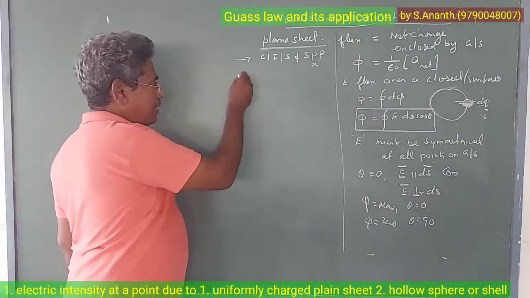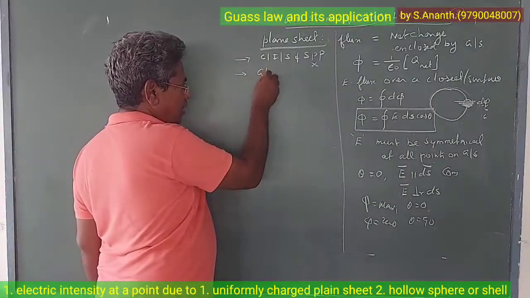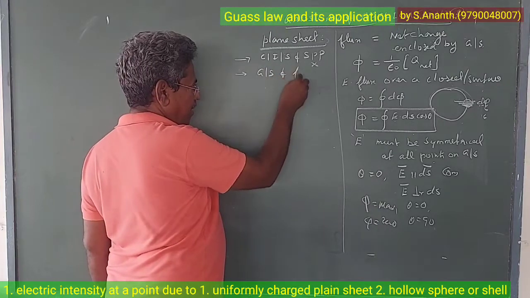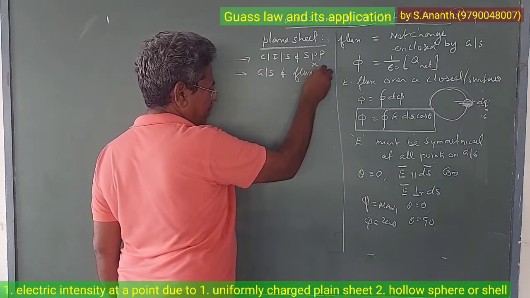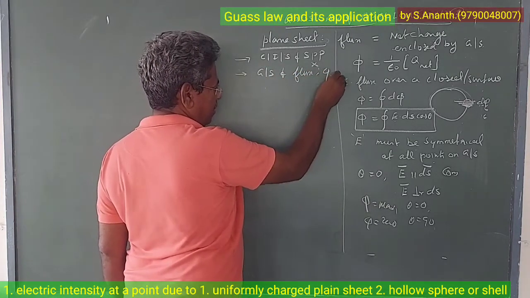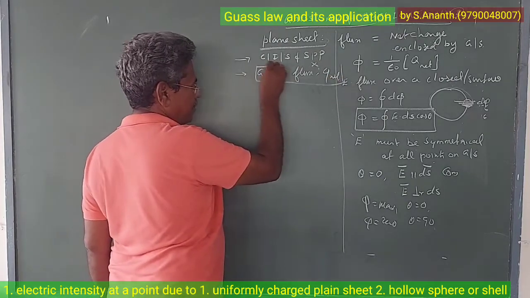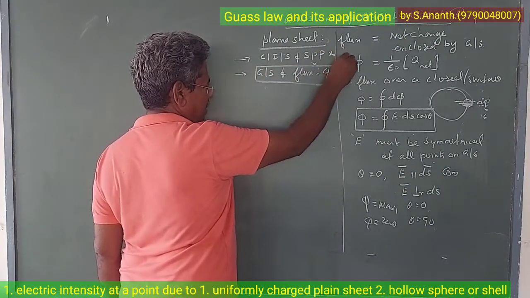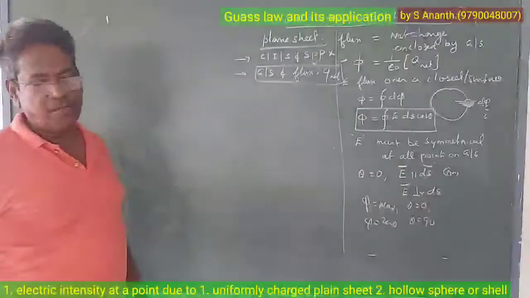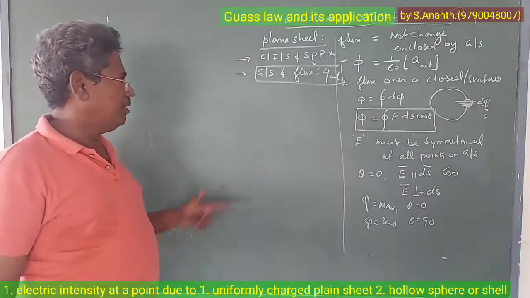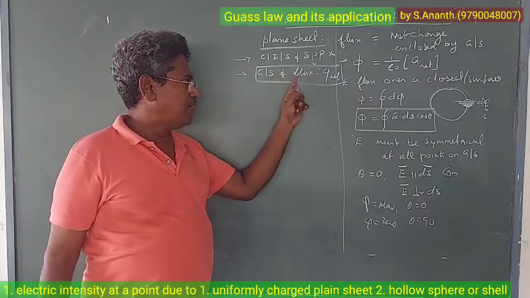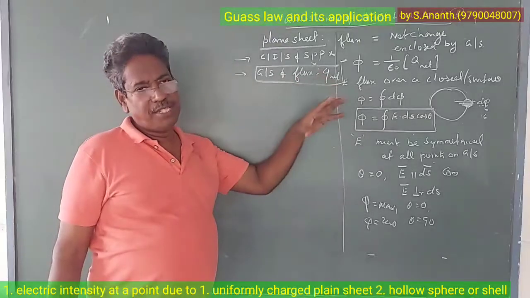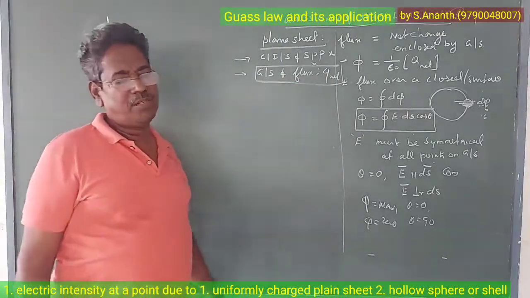The easiest way is using the Gaussian surface and finding out the electric flux and net charge. Wherever you have a continuous charge distribution, Gauss law with the net charge enclosed within the Gaussian surface is easy.